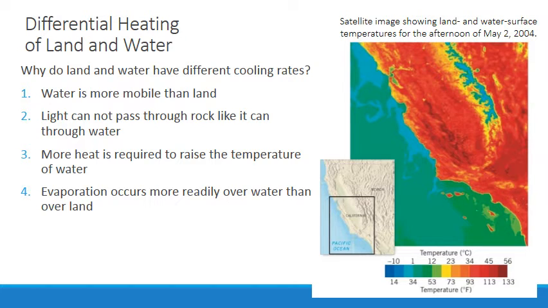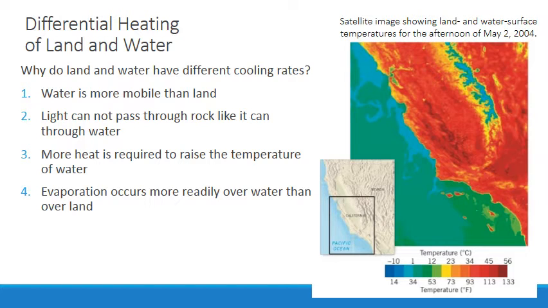So a third reason why there's such a difference in cooling rates between land and water has to do with a chemical factor called the specific heat. That's the amount of heat needed to raise the temperature of 1 gram of substance by 1 degree C. So if you want to think of it in sort of an imaginary lab, we have a gram of water and a gram of rock in 2 different beakers in a laboratory.